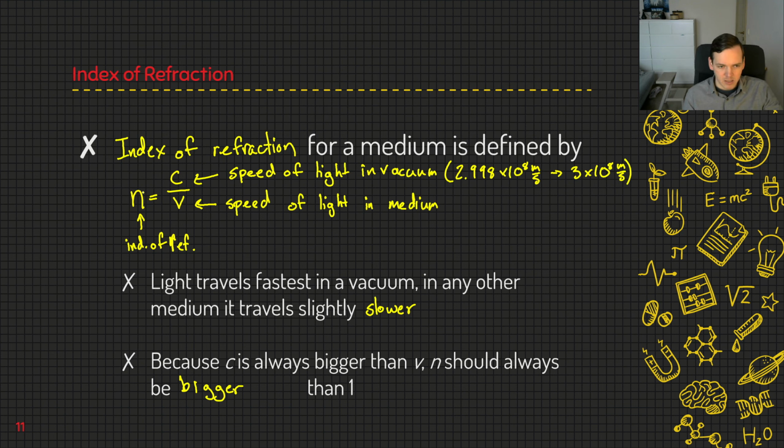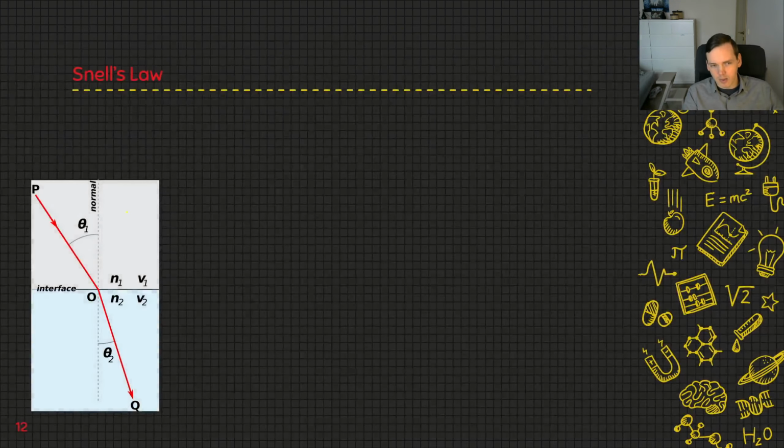So n is 1 for a vacuum, but for any other substance, n should be greater than 1. And this will be useful in the next step. For now, if you're wondering what the point of this is, you're right, there's no reason to know this number other than it lets us talk about Snell's law.